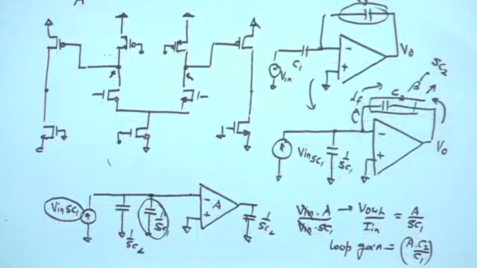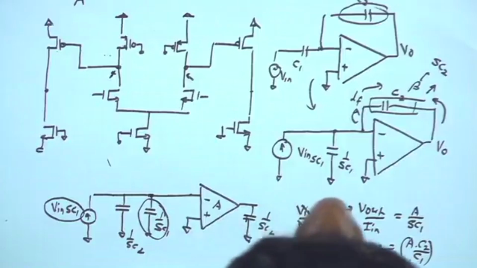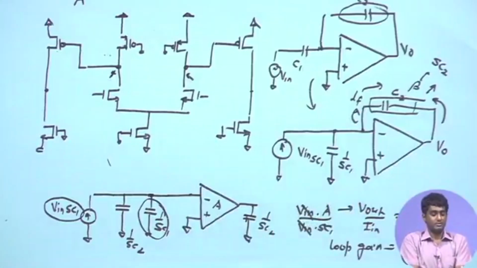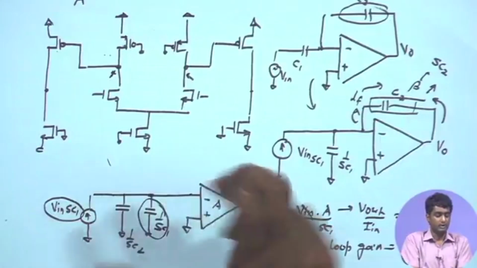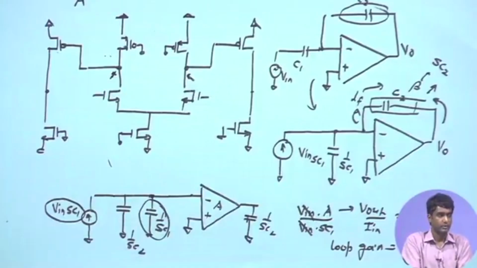So, what is the typical value of open loop A? A naught can be pretty large, it depends upon your design. So, if you look at 180 nanometer technology, you can go to values of A which are even 10 to the power of 7, 10 to the power of 7 is also possible, but for that you may need to use special techniques. So, there are some ways in which you can have very large gain without relying only on RO. So, we will study some techniques like gain boosting, where rather than relying only on RO, you can incorporate some additional components in the form of amplifiers inside the main amplifier to boost the gain to very high values.